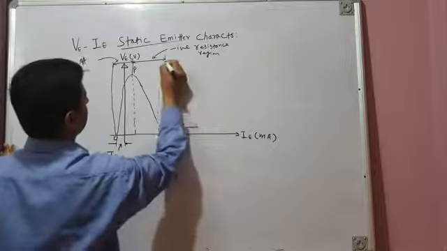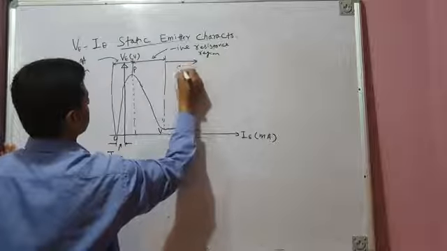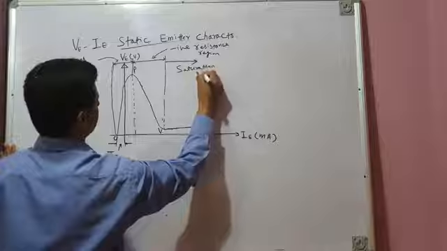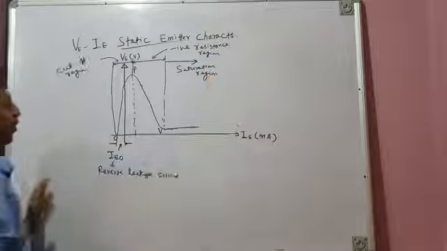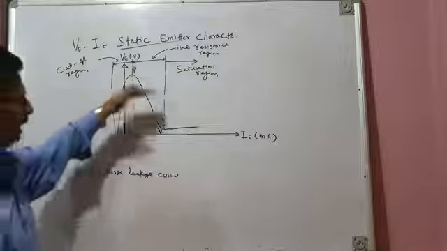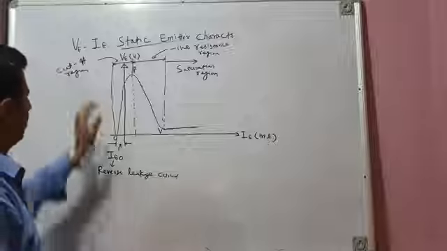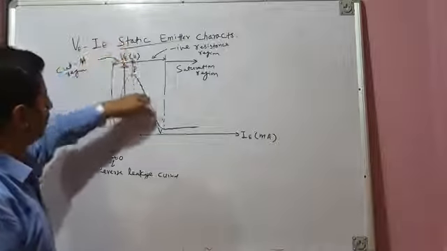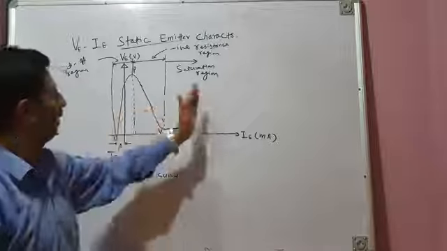And this region towards this is called saturation region. So there are three operating regions of VI characteristics of UJT. Cutoff region between O and P, negative resistance region between P and V, and beyond V, saturation region.